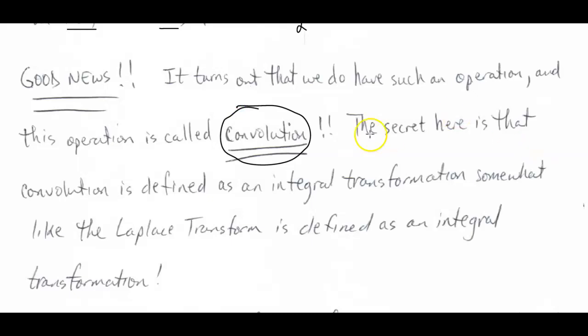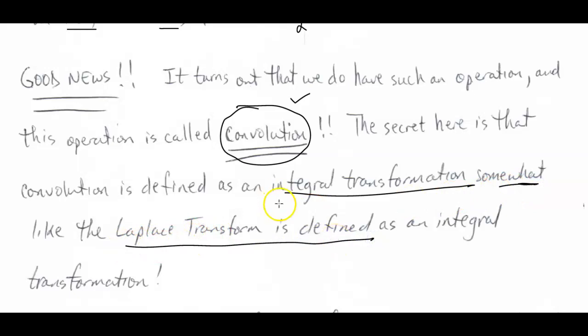Now, the secret to being able to define this new multiplication in a way that it's actually going to work is that convolution is going to be defined as an integral transformation, somewhat similar to what the Laplace transform is defined as. And remember, the Laplace transform is itself an integral transformation.